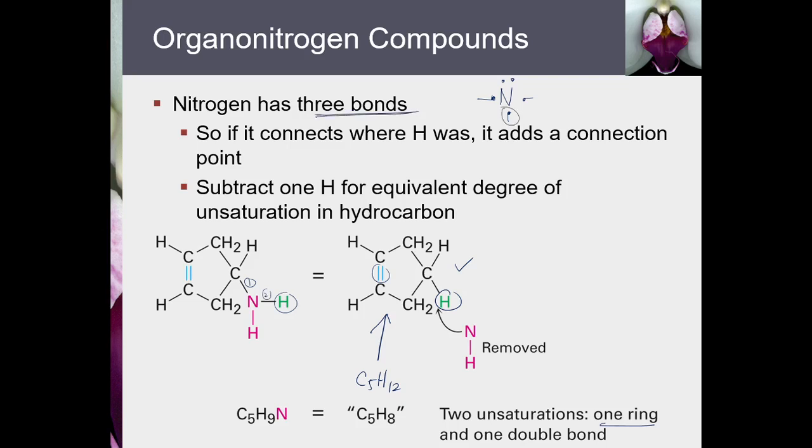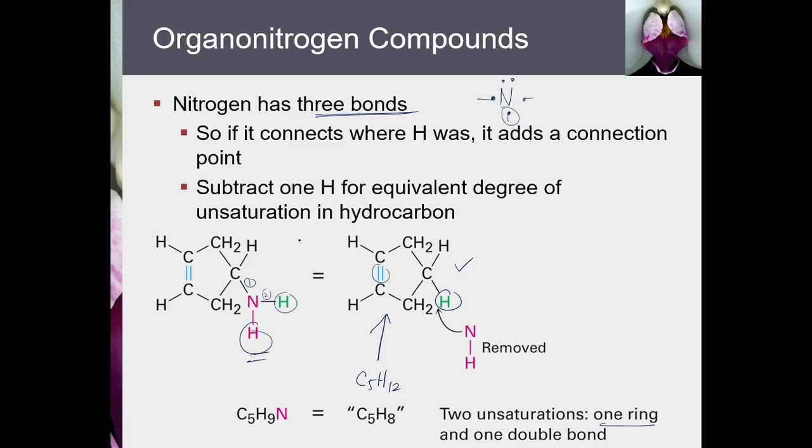So, to create the 3 bonds ng nitrogen, magdadagdag ka ng isang hydrogen. So, every time we connect a nitrogen, there is an additional hydrogen. So, paano natin gagawin ngayon yung pag-calculate ng degrees of unsaturation.